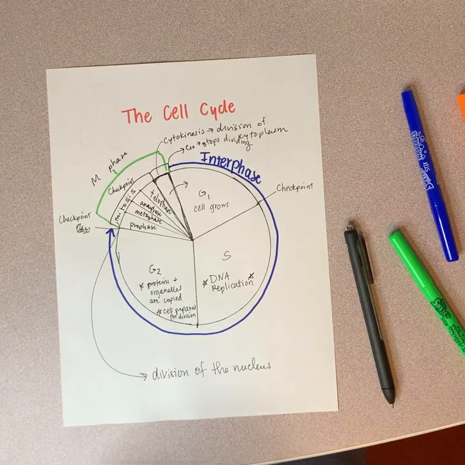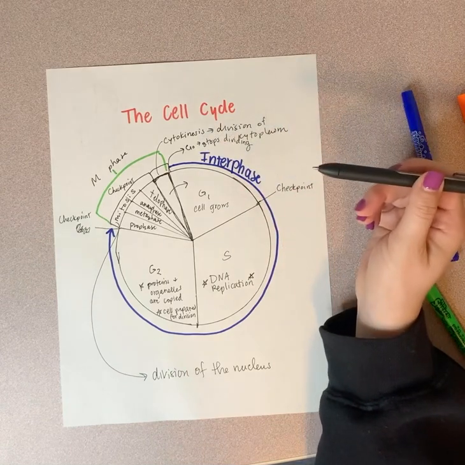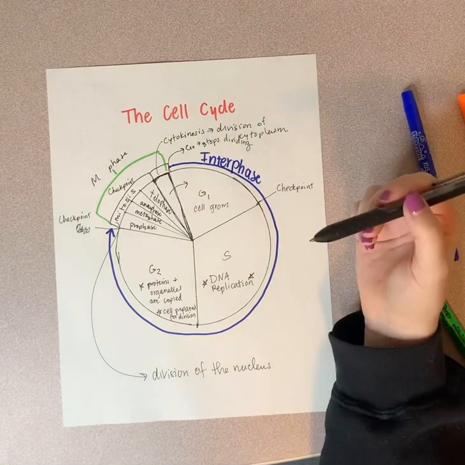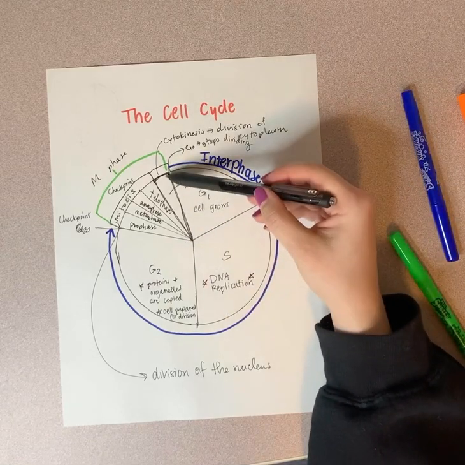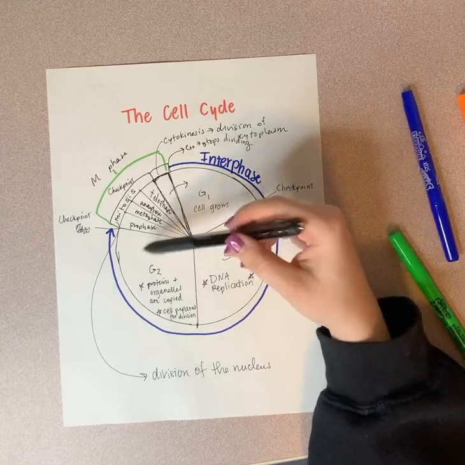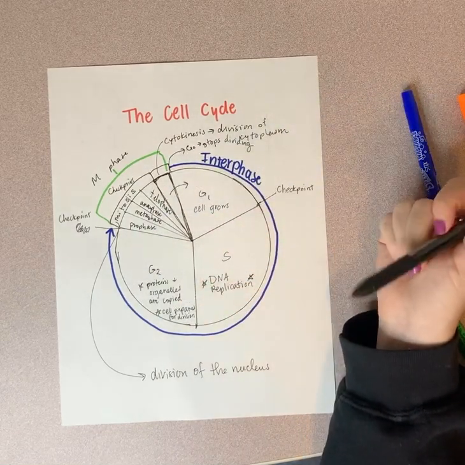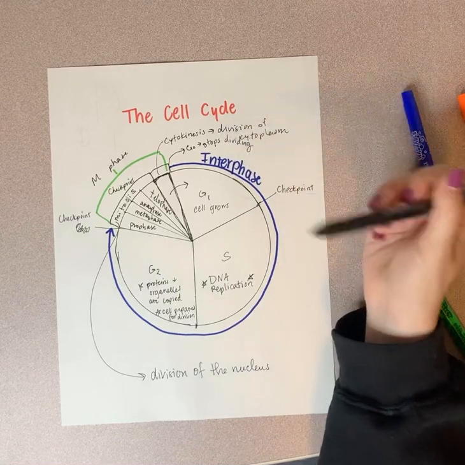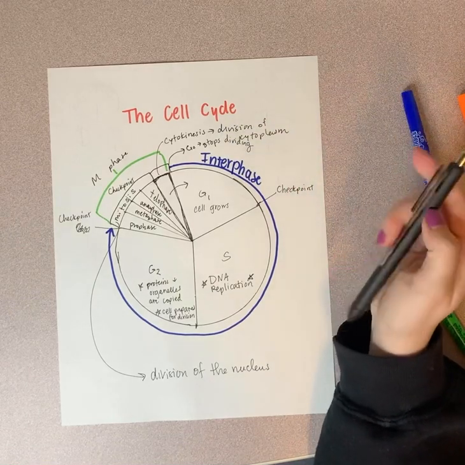Neurons don't really divide. You can't really make new brain cells. Once you lose them, you lose them. So a lot of them enter G0 so that they stop dividing. However, if they need to divide continuously, the new cells made after cytokinesis will each enter G1 again. So it is a cycle that is continuous until, number 1, the cell enters G0 and stops dividing, or the cell dies. All right, so this is the cell cycle.